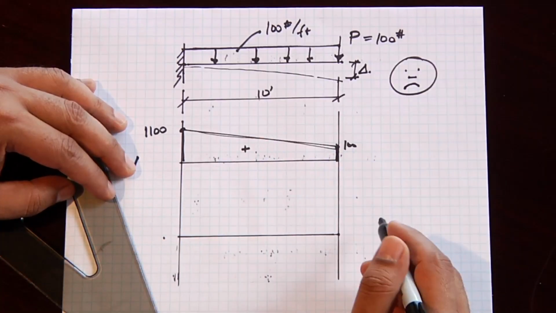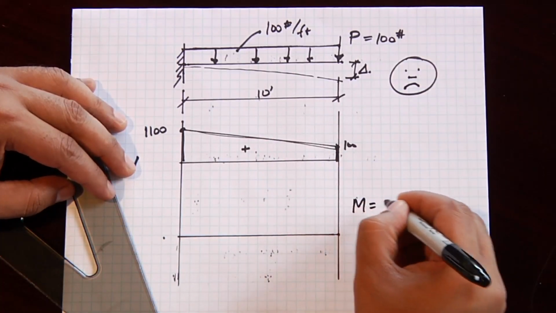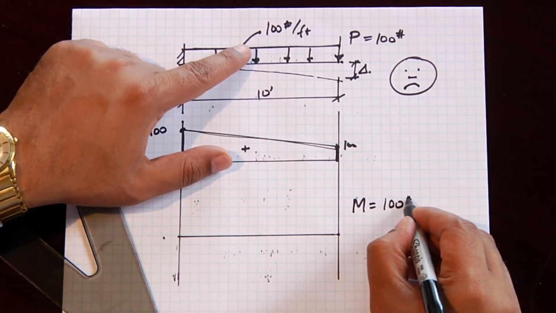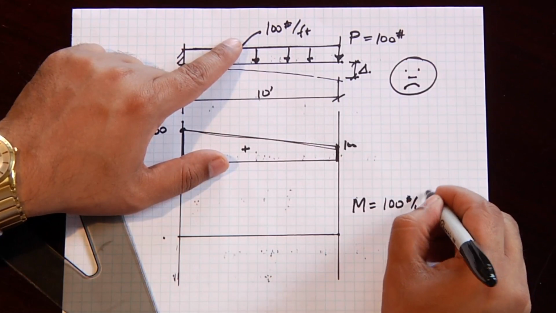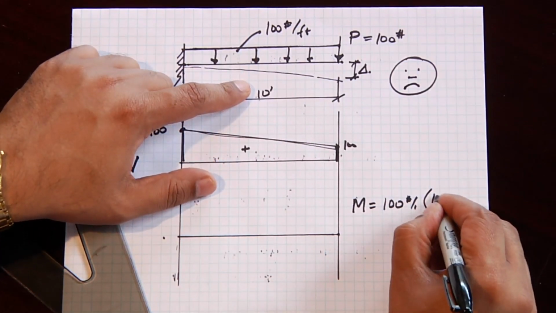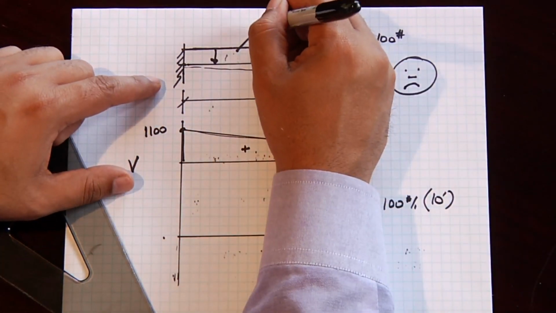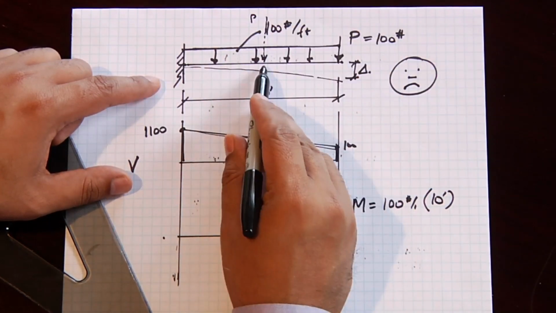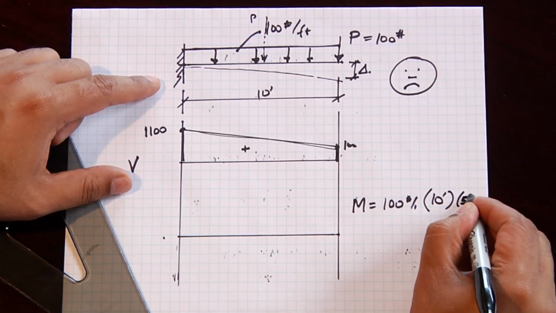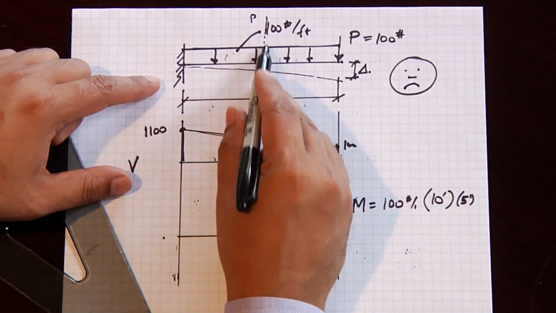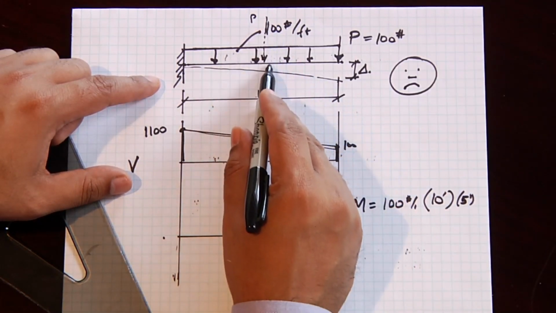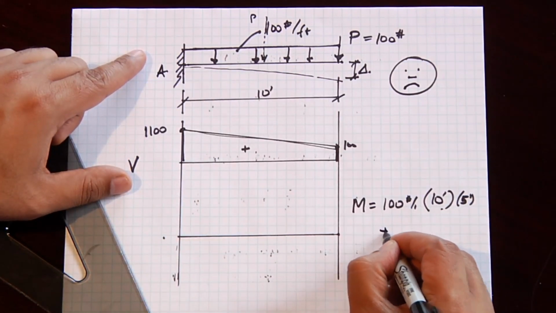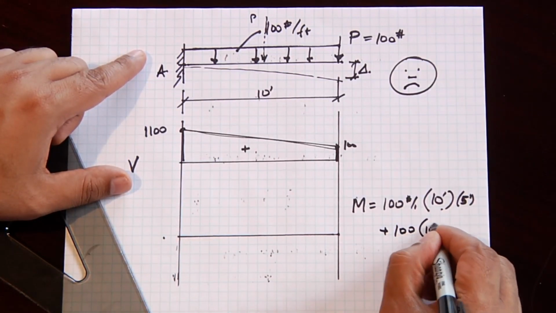That negative moment is 100 pounds per foot, which is this uniform load, times the span, which is 10 feet, which gives us the total load, which should be looked upon as acting at the center of gravity, times the moment arm, which is 5 feet, which is the distance from that uniform load center of gravity to the end point A. That's what this part is, plus 100 times 10 feet.